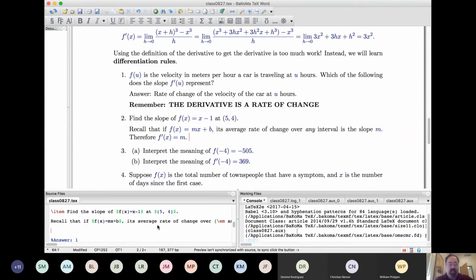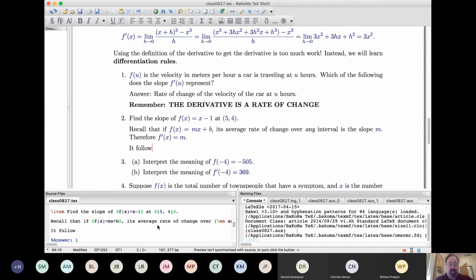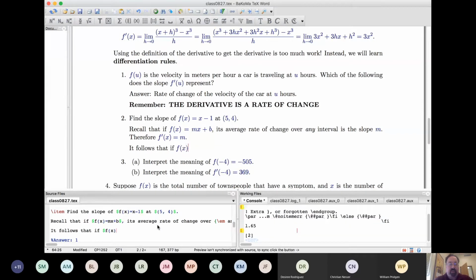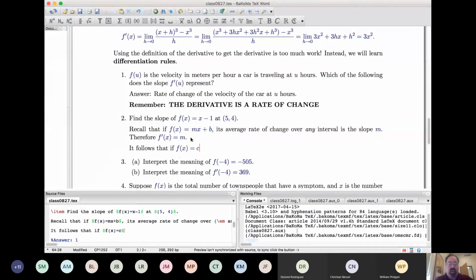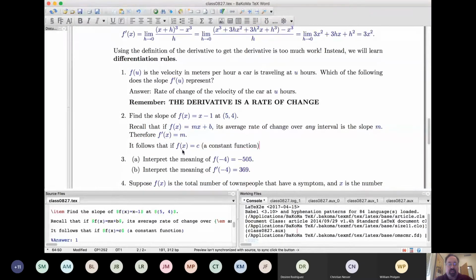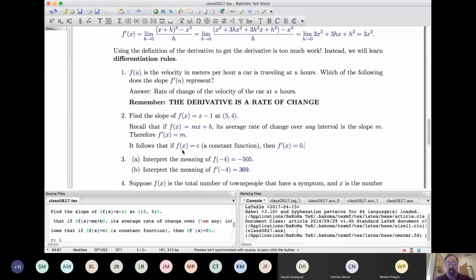So what that means is, if your function represents a horizontal line, the slope is 0. So if f is simply a constant, its derivative is 0 because the slope is 0.